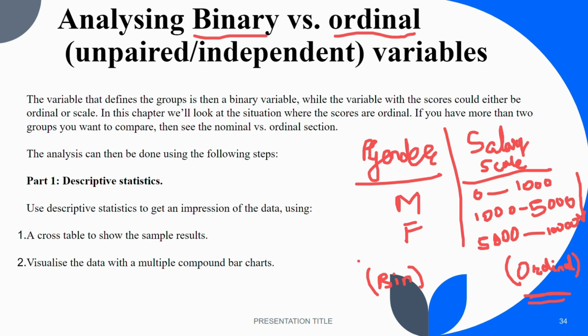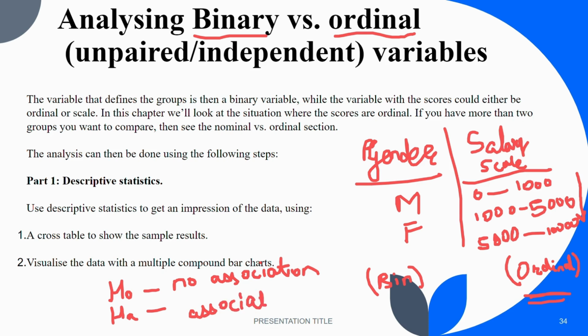Now in this situation, is gender influencing salary scale? So here there are two possibilities, null hypothesis and alternate hypothesis. The null hypothesis is always saying no association, so I will call the null hypothesis no association, and the alternate hypothesis is always one that says there is an association.